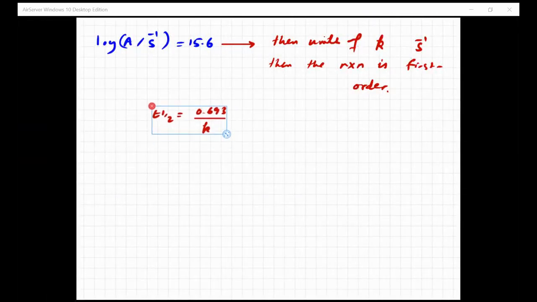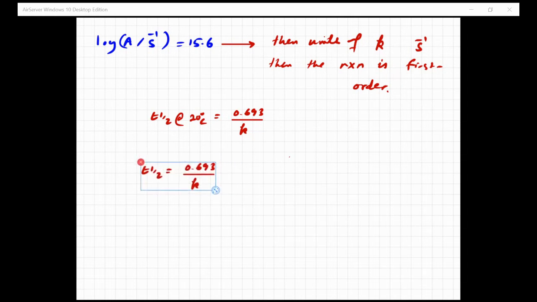We'll apply it at 20 degrees C, and we will apply it also at 500 degrees C. But we have, of course, to calculate the K at 500 degrees C, right? This is at 20 degrees C, and this is at 500 degrees C.